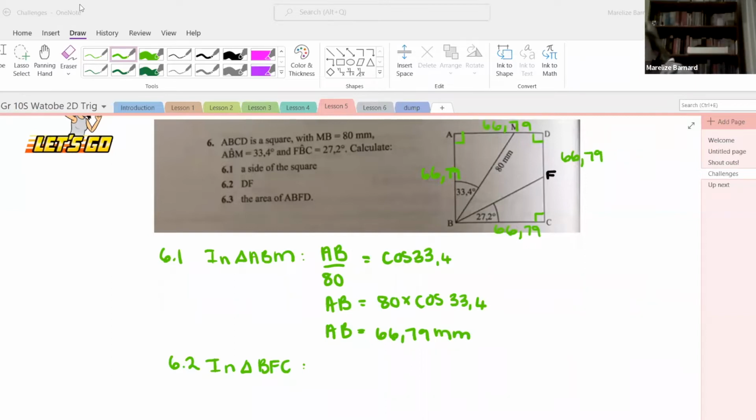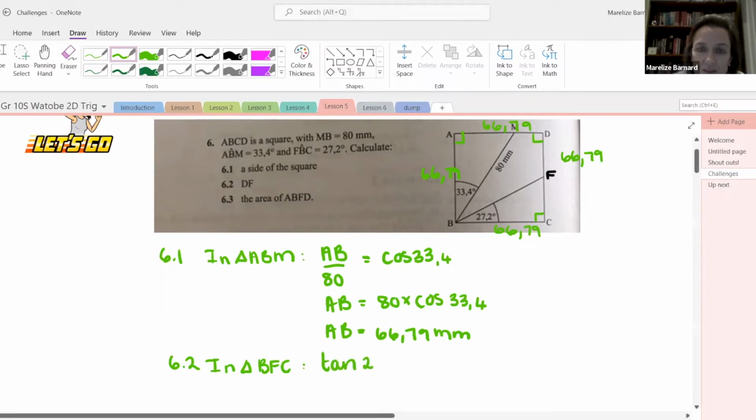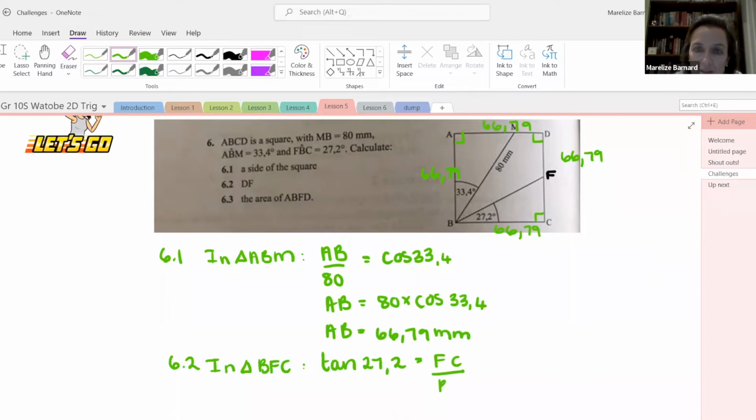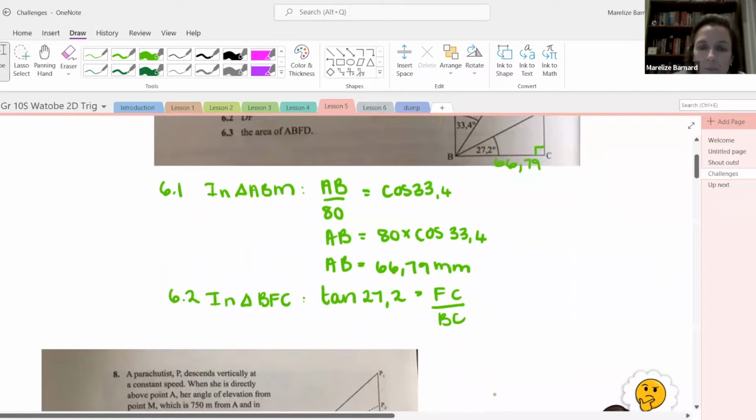Okay, Sandy says it's 32.46. Let's see if that is correct. We are going to use tan of 27.2, and that is FC over BC. BC is just 66.79.